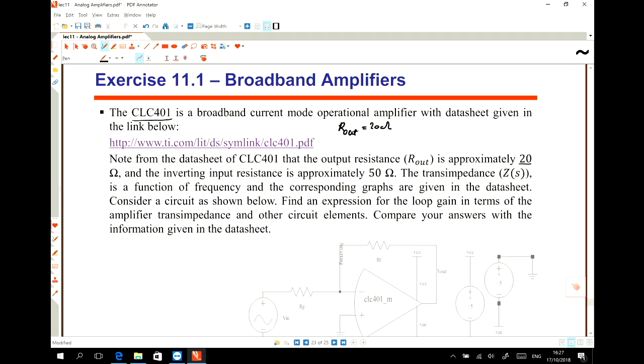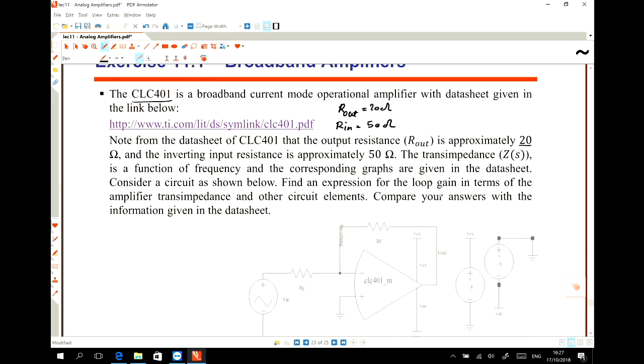And the input resistance of the amplifier, R in, equals 50 ohm. And then it says that the ZS you can find in the graph in the data sheet. And then it says, find the expression for the open loop gain. All right.